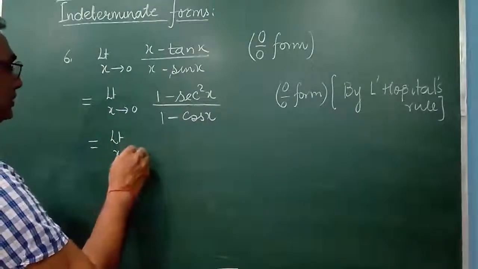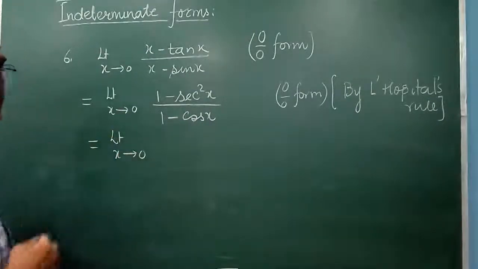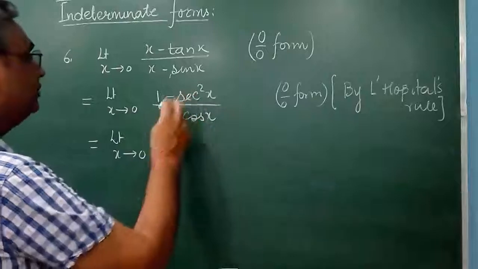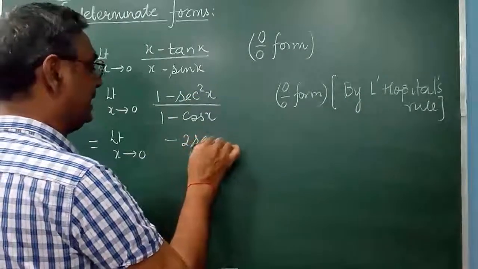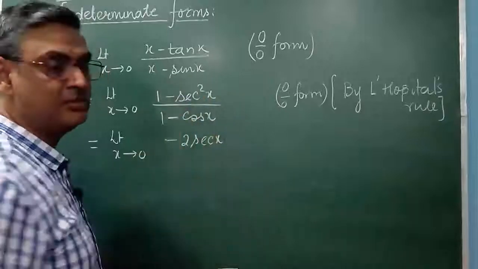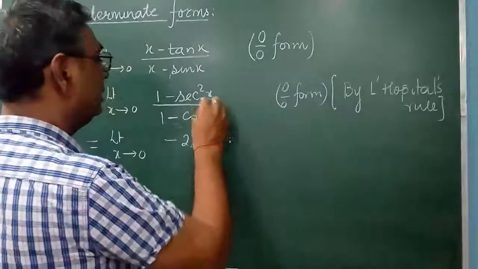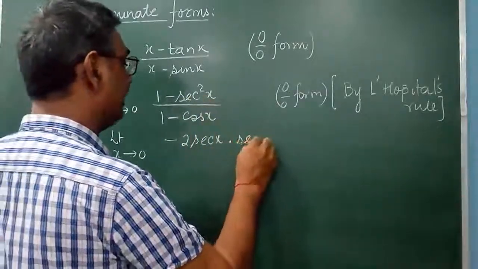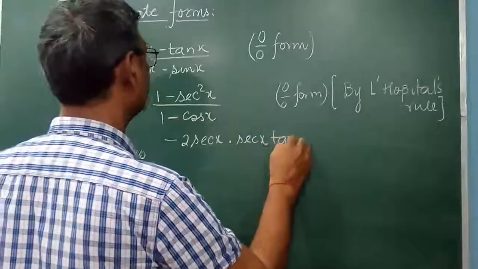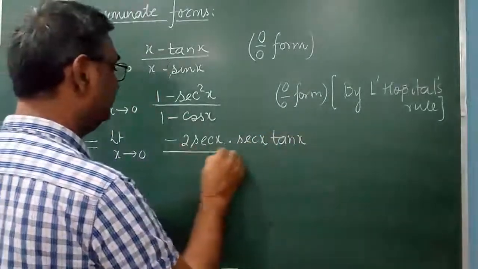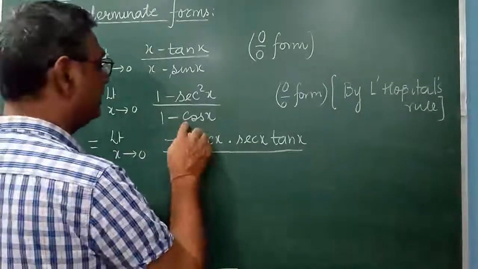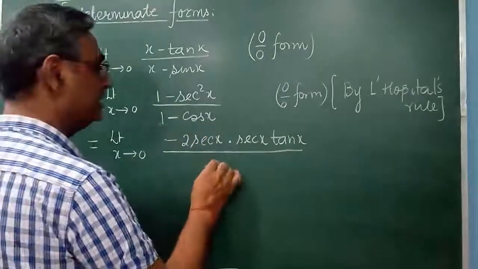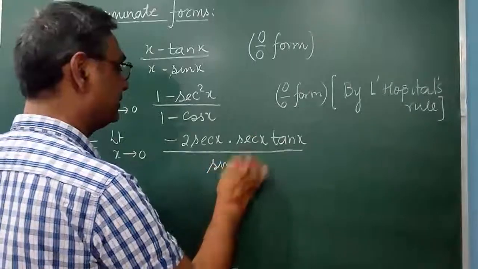We have to differentiate this again. So minus sec square x differentiation, 2 sec x, firstly we have to take care of the power, into the differentiation of sec x, which is sec x tan x, upon 0 in the denominator, 1 is 0 we know, and the differentiation of cos x is sin x.